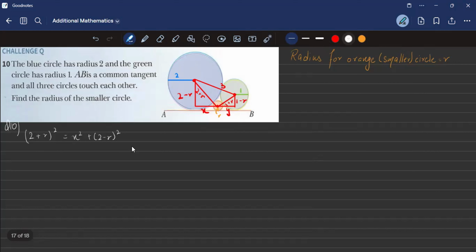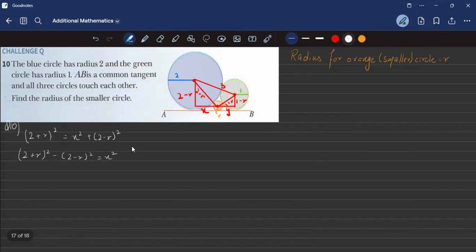Now we just simplify to find out the value of x. So 2 plus r squared minus 2 minus r squared is equal to x squared. Now simplify this to find out the value.